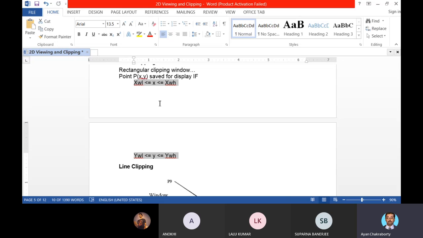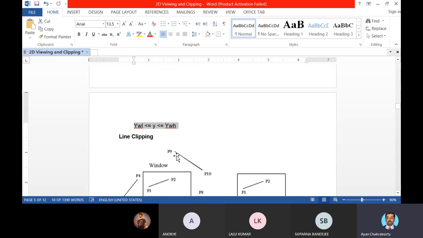So we can say that both the points P9 and P10 are outside the window frame, and the straight line is completely invisible.